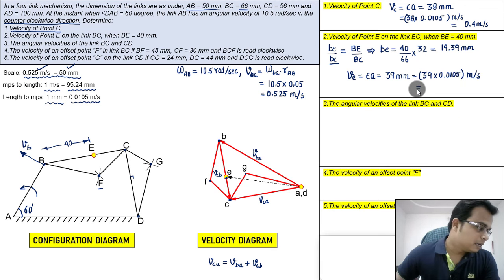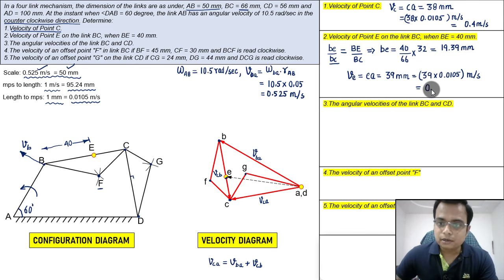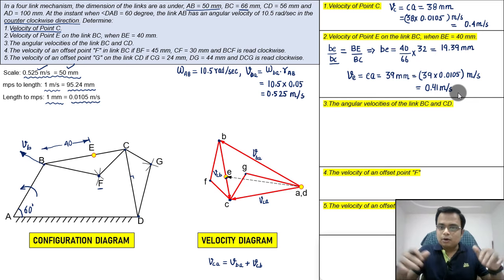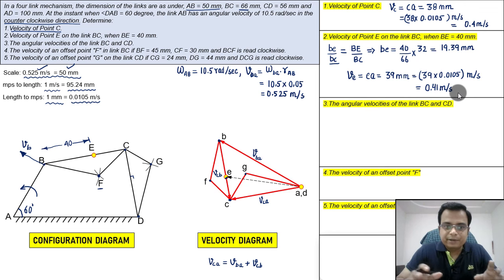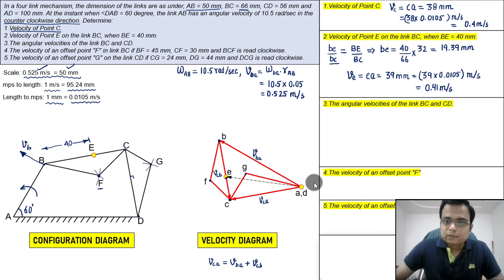It's pretty easy, and this is going to work out as, in two decimal places I have written, 0.41 meters per second. So that's it. That's exactly how the velocity of point E somewhere between B and C can be worked out with respect to this fixed point. Very easy.